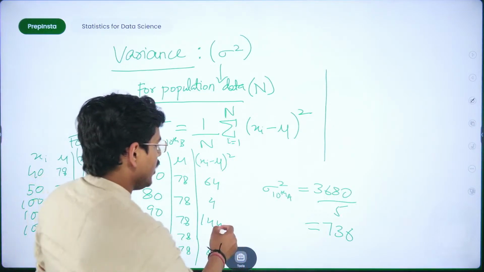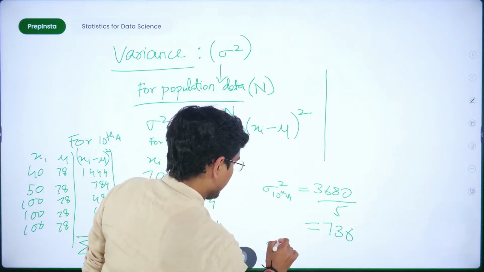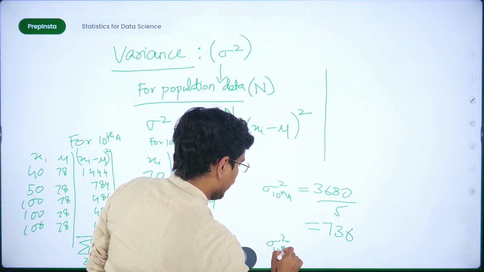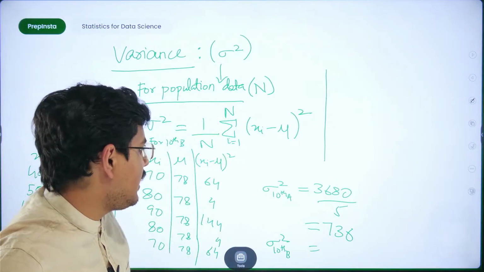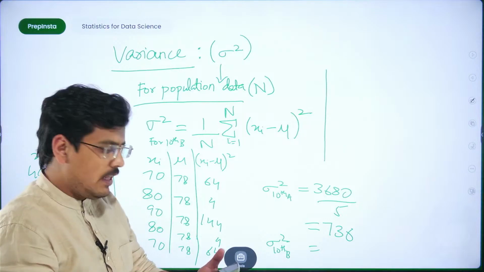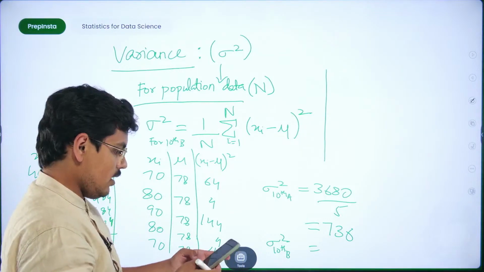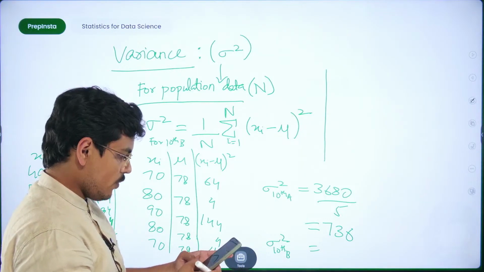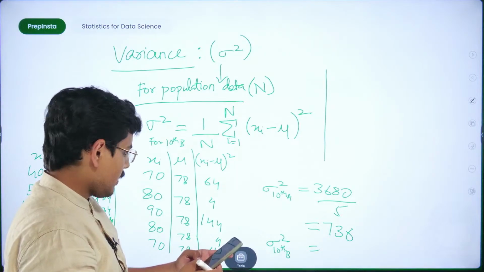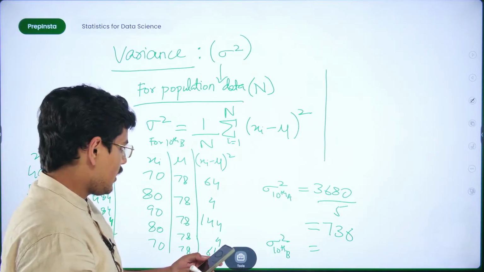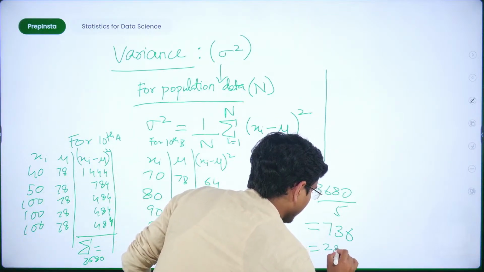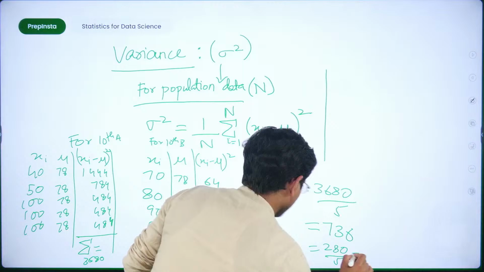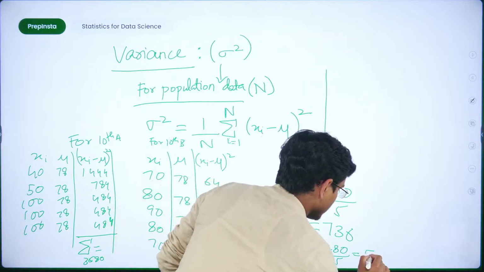So now when I do the summation, basically when I calculate sigma square for 10th B, you will yourself see the value of variance will decrease, and henceforth you will find the dispersion is less. See, 64 plus 4 plus 144 plus 4 plus 64 is 280, divided by 5, which is nothing but 56.